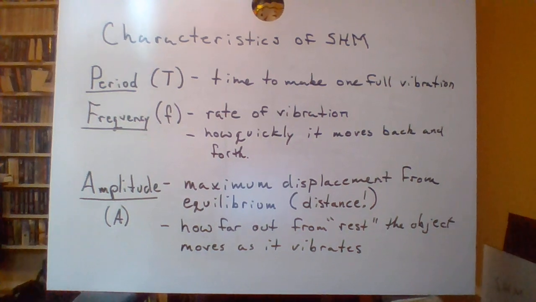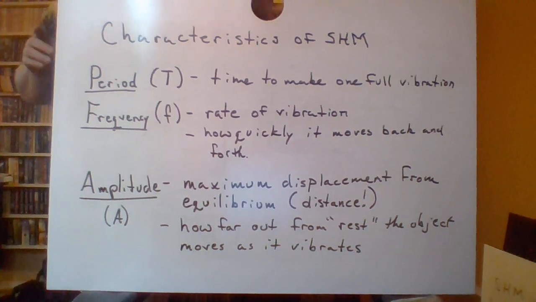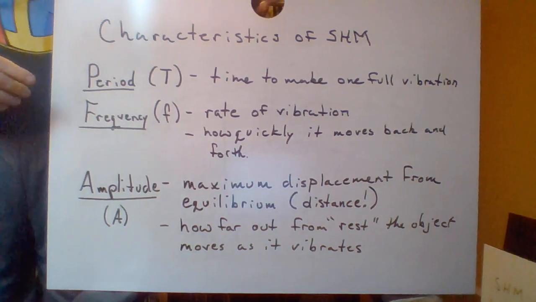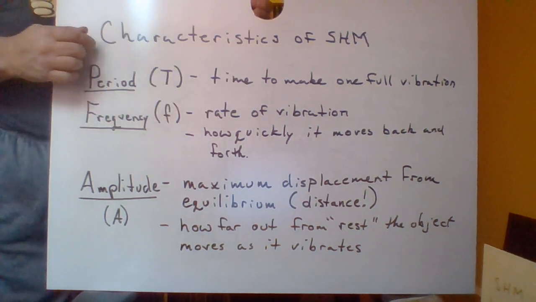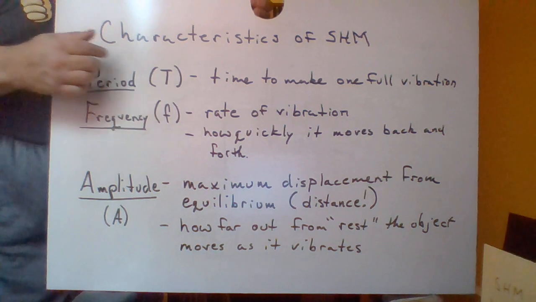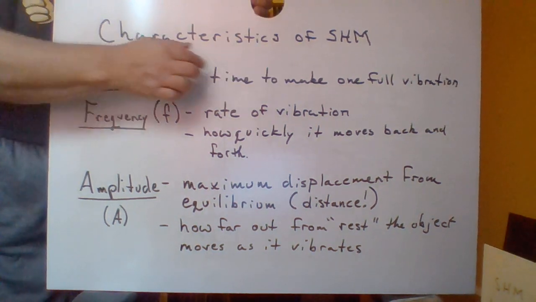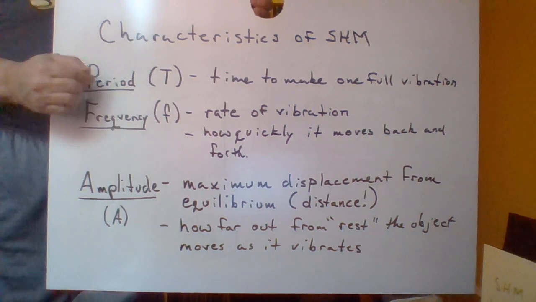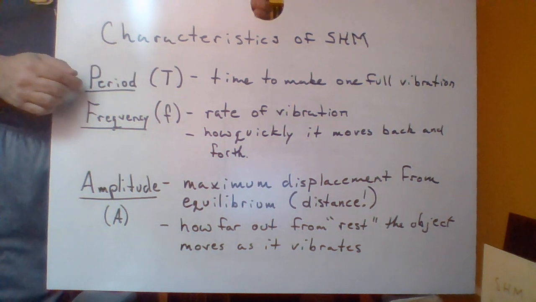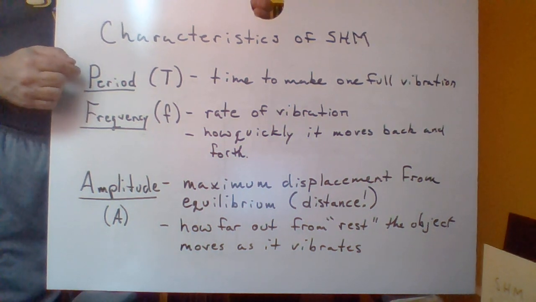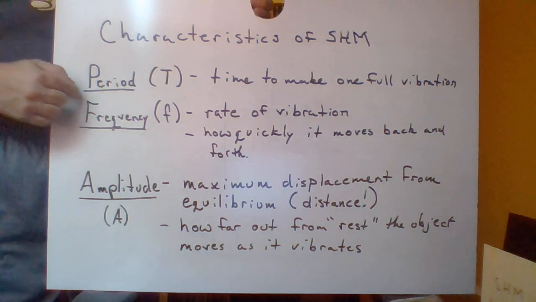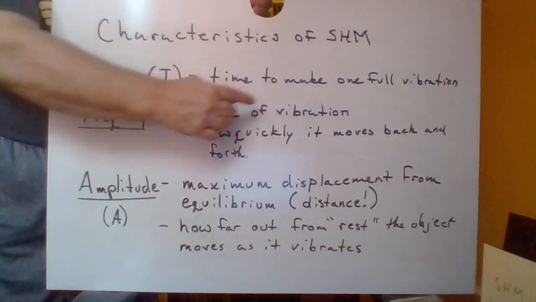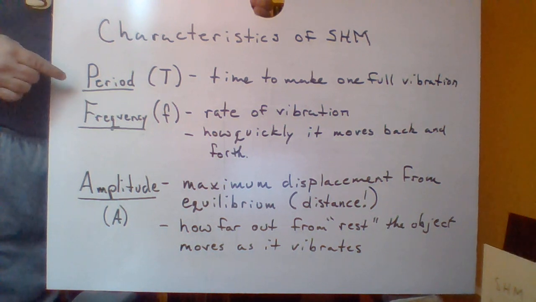All right, period. Period means time. It means a specific amount of time for the full motion, the full repeated return to the original position to happen. So, the period for a pendulum would be the time it takes to start over here, swing out, and back. That's the period of a pendulum.